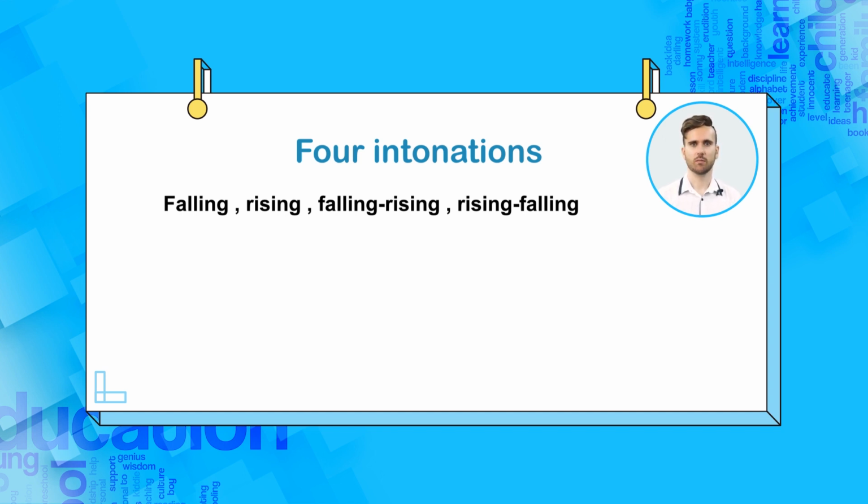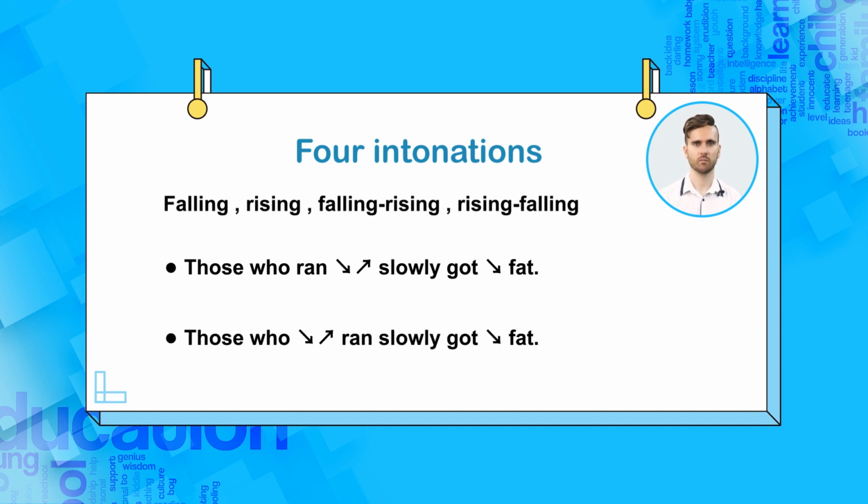Let's look at an example of how pitch can change the meaning of sentences. Those who ran slowly got fat. Those who ran slowly got fat. One of them means that the people who ran at a slow speed got fat, whereas the other means that the people who ran got fat over a long period of time.